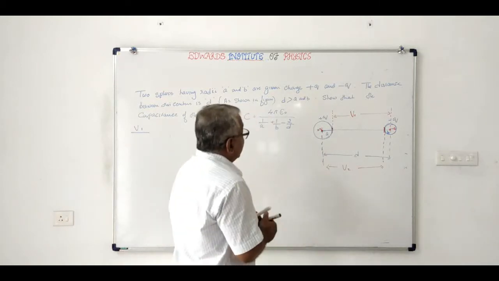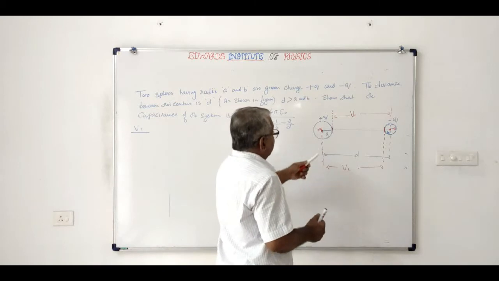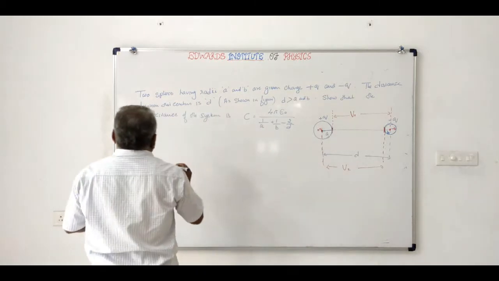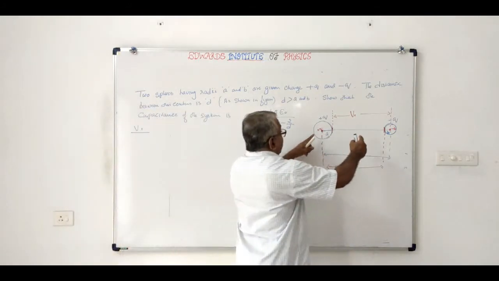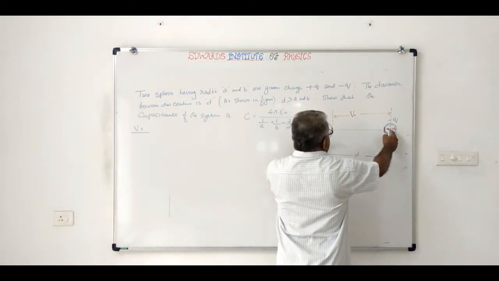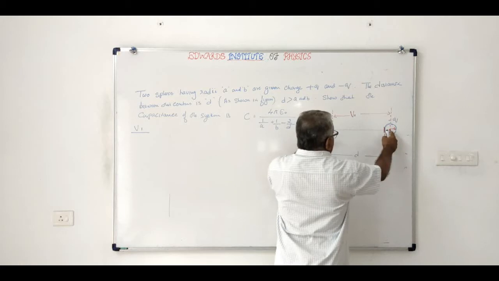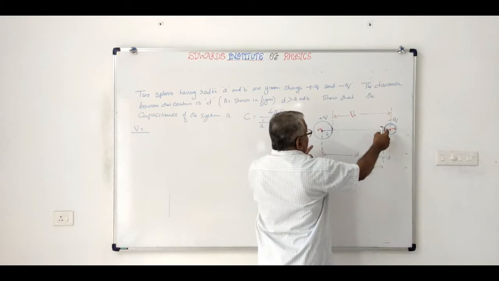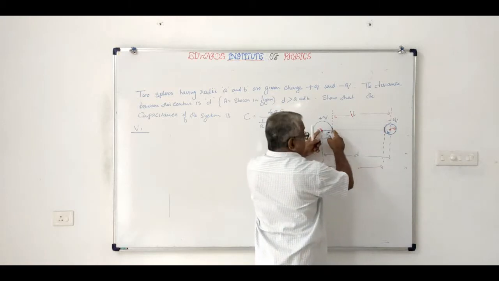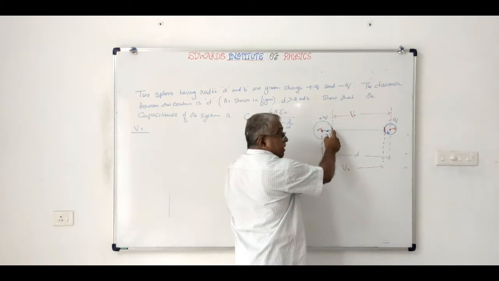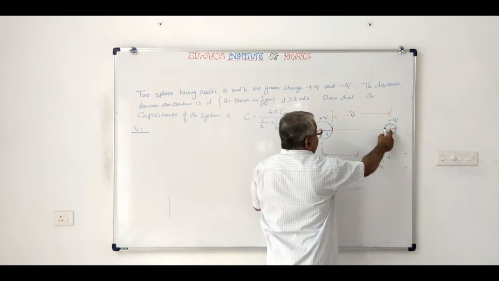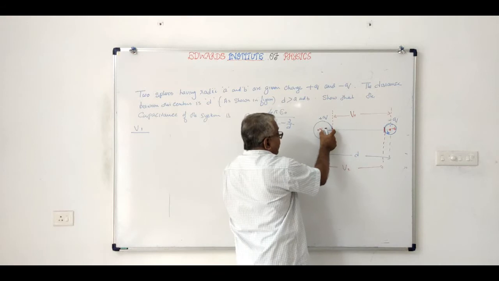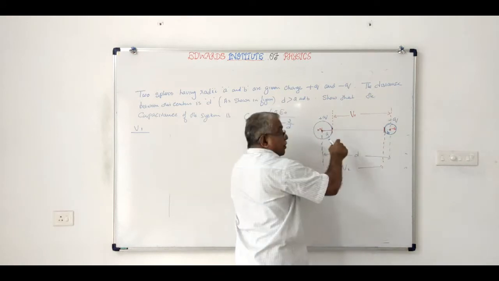Now, V1 will be the potential at this point minus the potential at that point. You have to find the potential at this point first. Here the potential will be higher, here it will be lower. So V1 is the potential at this point minus the potential at that point due to plus Q.